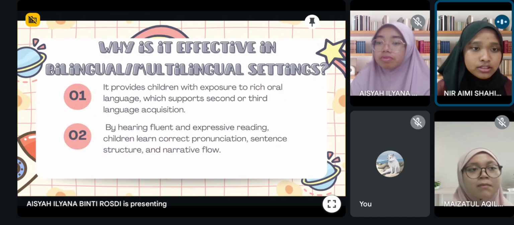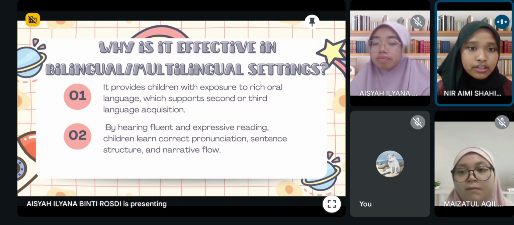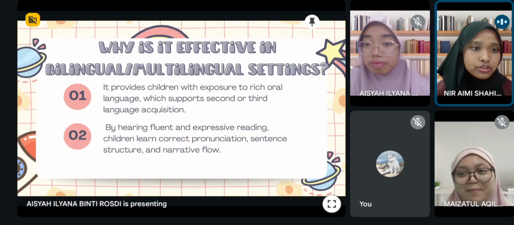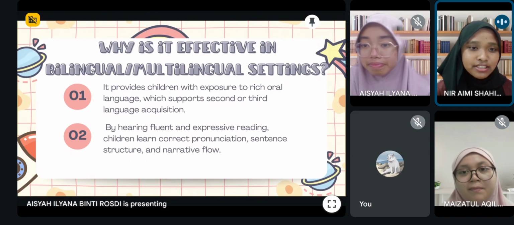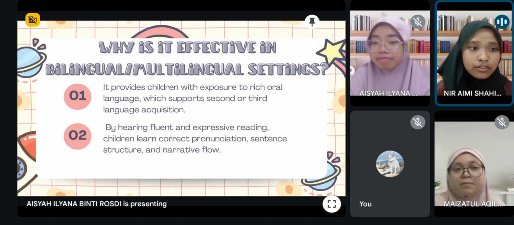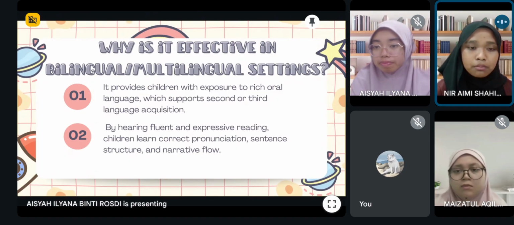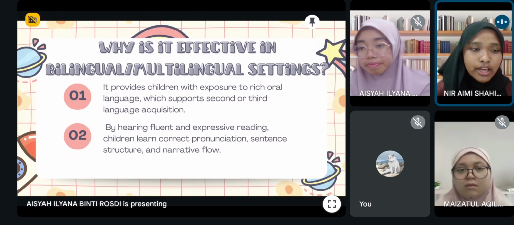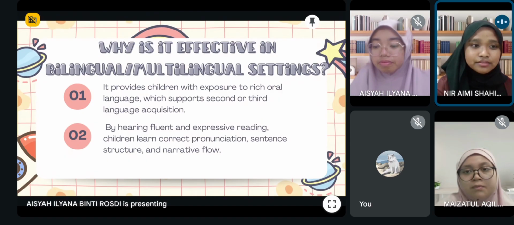Through read alouds, teachers model fluent reading, introduce new words naturally, expose children to different sentence structures, and create opportunities for discussion. All of this contributes not only to language development, but also to imagination, creativity, and social-emotional growth.